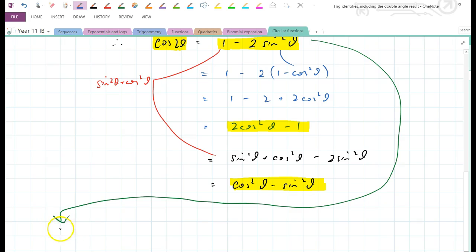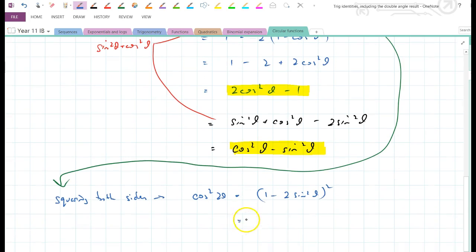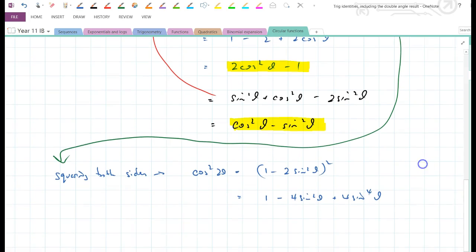So squaring both sides, I get cos squared 2 theta equals 1 minus 2 sine squared theta squared, which equals 1 minus 4 sine squared theta plus 4 sine to the power of 4 theta. Okay, that's cos squared 2 theta.